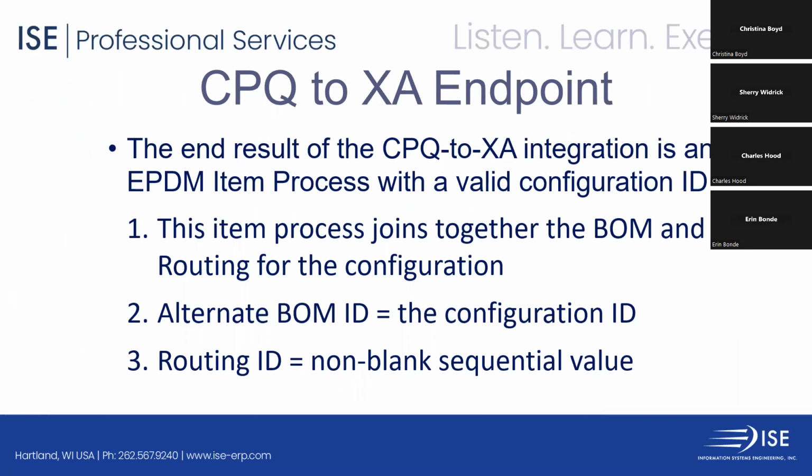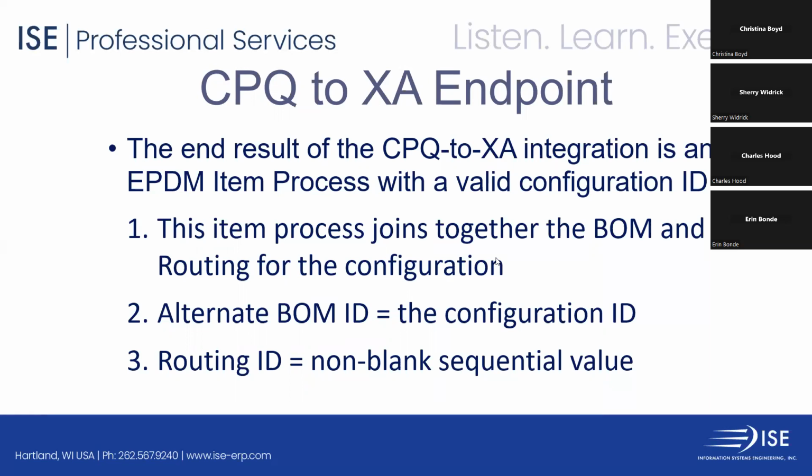Okay, so now this brings up an interesting point. So the endpoint of the CPQ to XA integration is an EPDM item process with a valid config ID. Okay, that's where the integration ends. That's the vanilla integration. Those item processes do have a configured cost, they do have a configured price, and they do have a configured description. And of course, they're attached to a BOM and a routing.